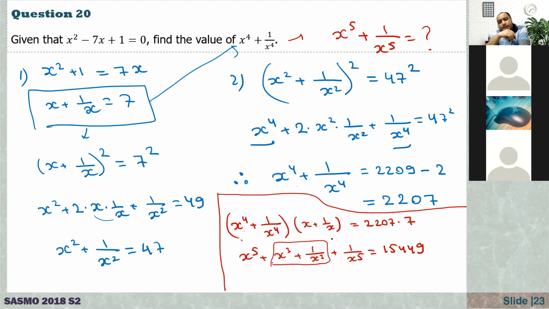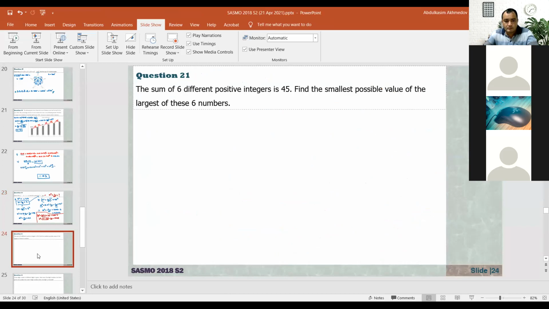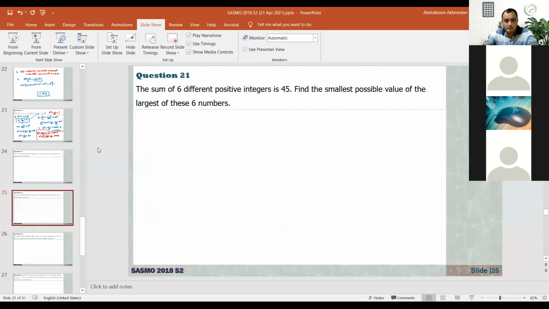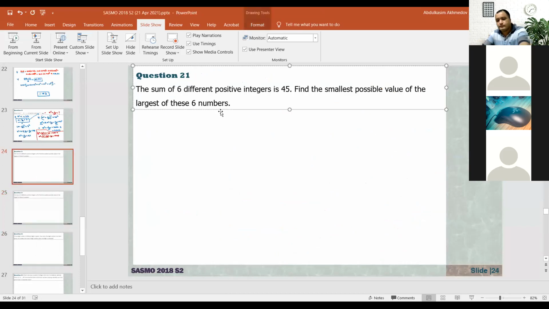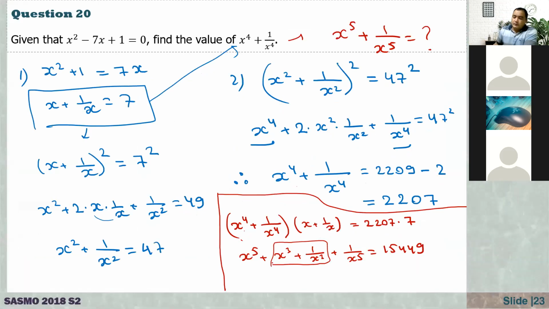I wrote x to the power of 4 plus 1 over x to the power of 4, to the power of 1.25, is equal to 2,207 to the power of 1.25. Then the answer became 15,125. I think you made a mistake.